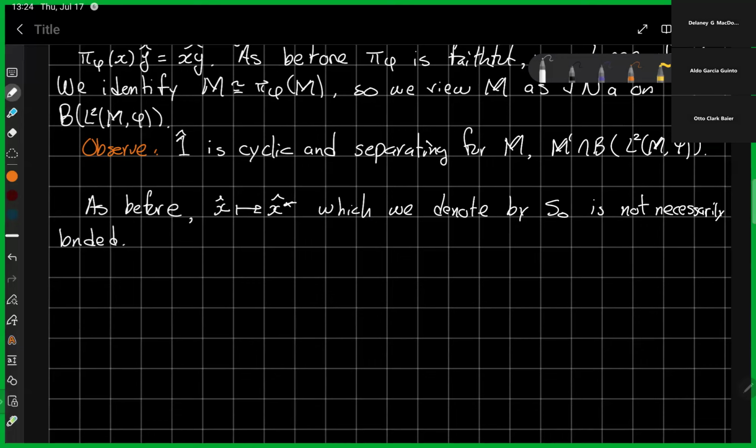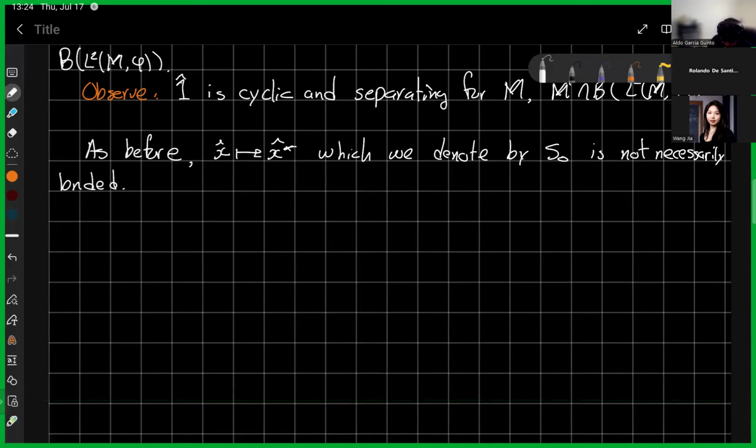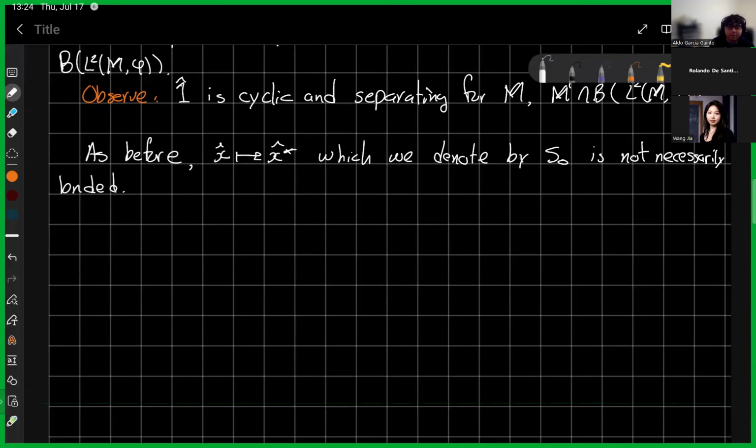So if you remember, the way that we went about showing that this map was indeed bounded was because we had triviality. In here, the lack of triviality pretty much forces us to note that this is going to be an unbounded operator, and so it means that we need to start working with unbounded operators.